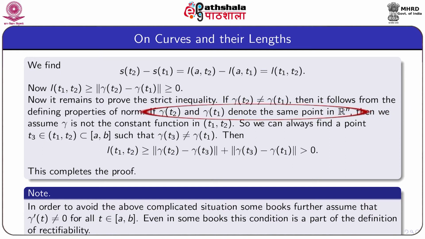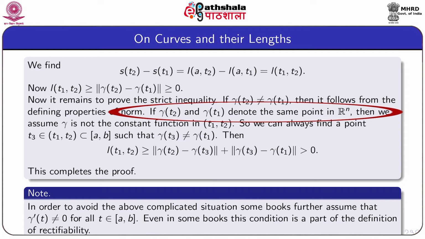If gamma(t2) and gamma(t1) denote the same point in R^n, that is, at this point the curve gamma crosses itself, then we assume that gamma is not the constant function in the open interval (t1, t2).